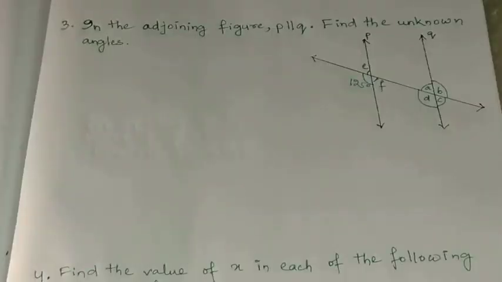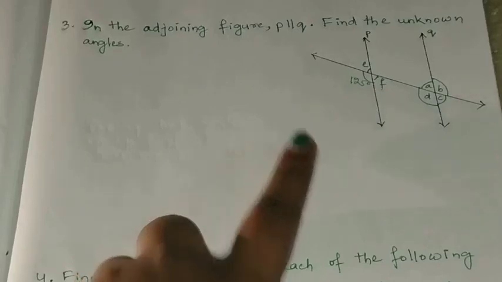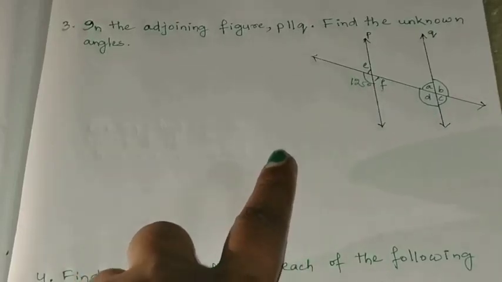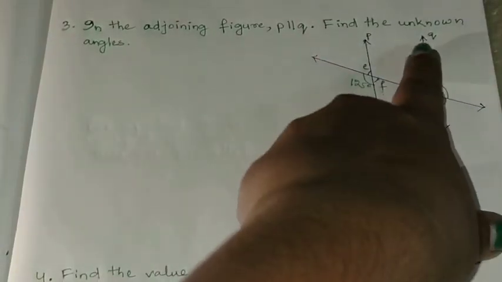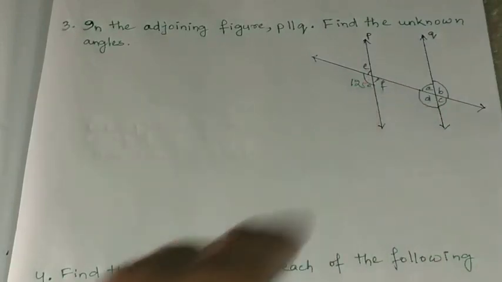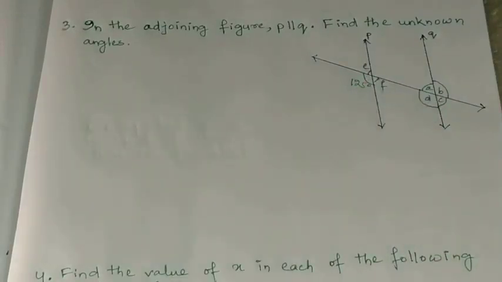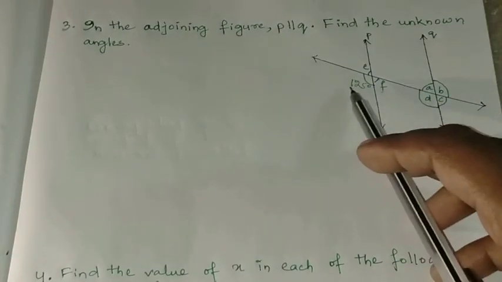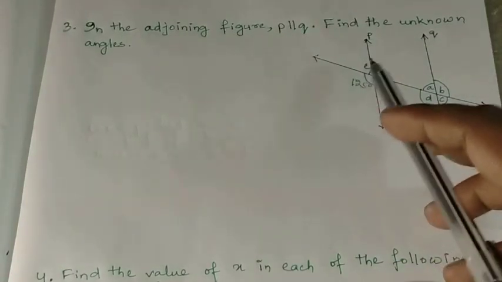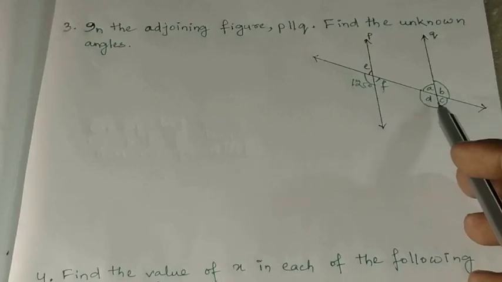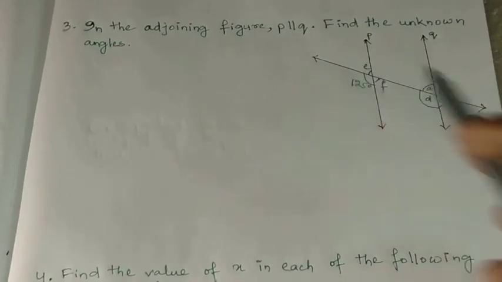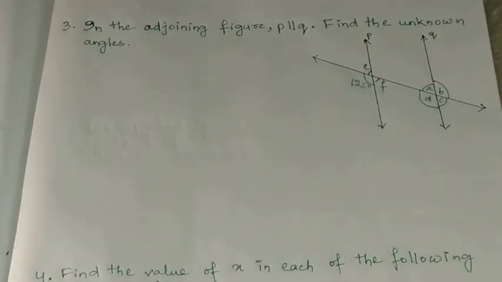Next we will see question number 3. Look here, in the adjoining figure P is parallel to Q. Find the unknown angles. Only one angle is given, that is 125 degrees. So the unknown angles are A, B, C, D, E, F. We have to find these angles.